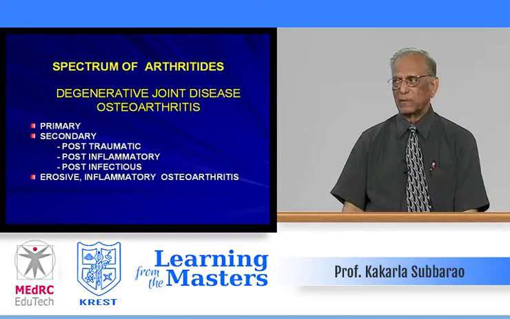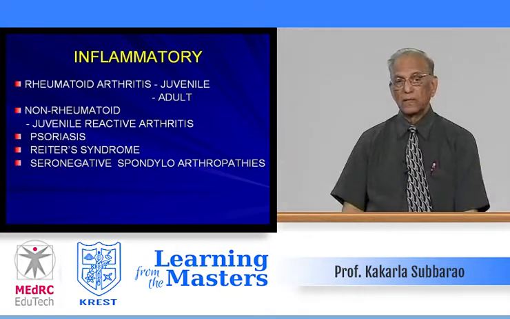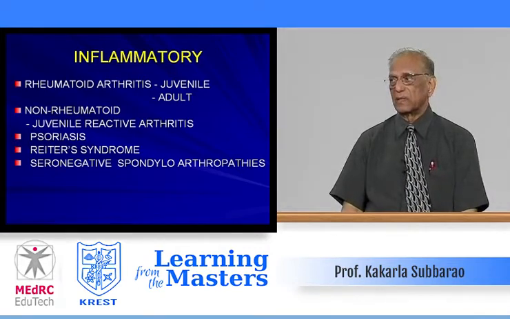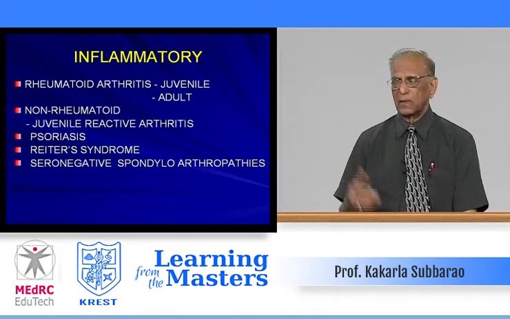In the secondary, particularly post-traumatic. Supposing the patient has had a fracture or an old rheumatoid arthritis treated, infective arthritis treated, you may get ultimately secondary degenerative changes, post-inflammatory. And now the other category is inflammatory type of arthritis. Most common is rheumatoid arthritis, could be juvenile or adult type of onset.